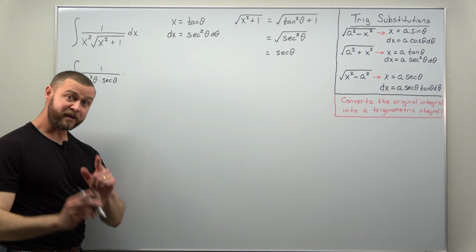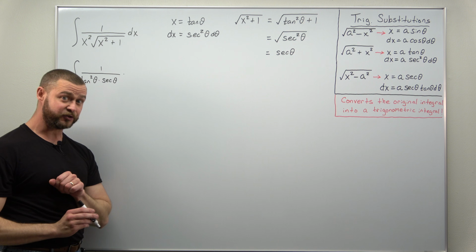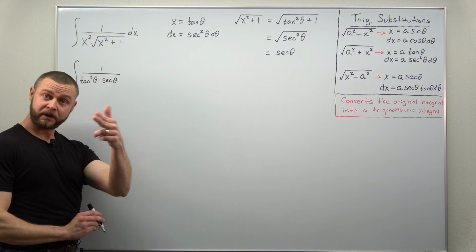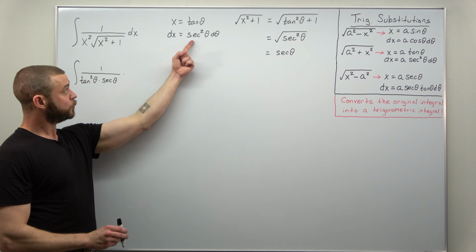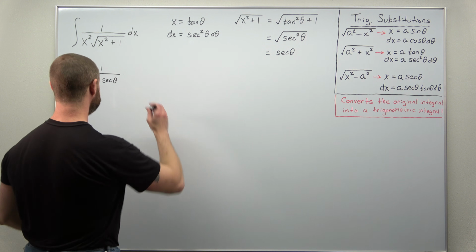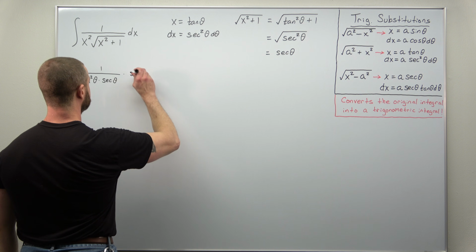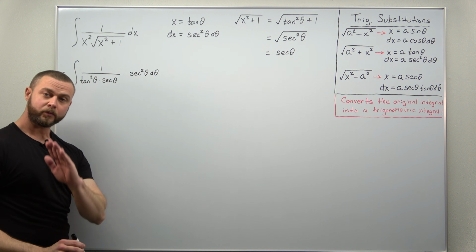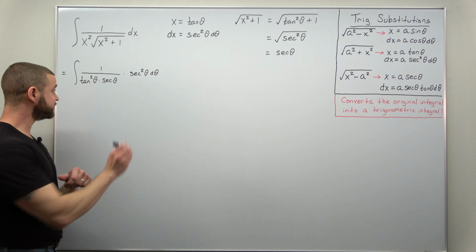And as always, like we've mentioned in previous trig substitution problems, don't forget to convert the differential dx in terms of theta as well, which comes out to secant squared theta d theta. All right, and from here we can simplify this.